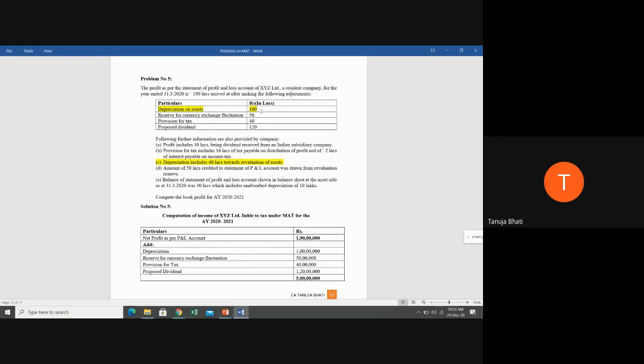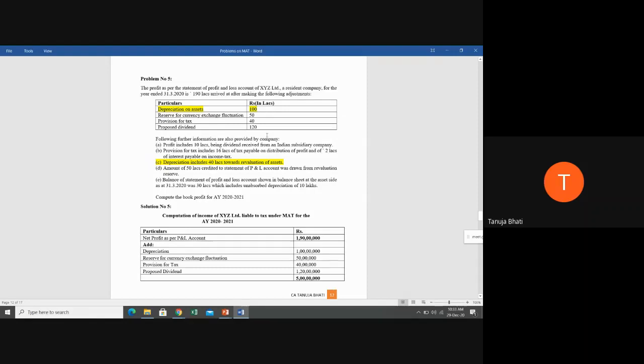When you're going to add, you add the full 100 lakhs, because normal depreciation 60 plus depreciation on revaluation of asset 40. But when you're going to deduct, you're just going to deduct the normal depreciation, that is 60 lakhs. Is this clear? If they would have given depreciation excludes 40 lakhs towards revaluation of asset, then it would be 140. But already this 100 lakhs is having the amount of 40 lakhs in it. Is this clear, students?